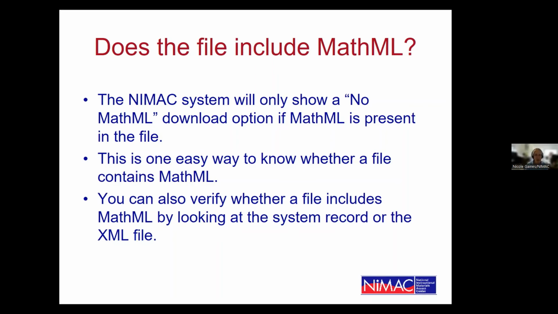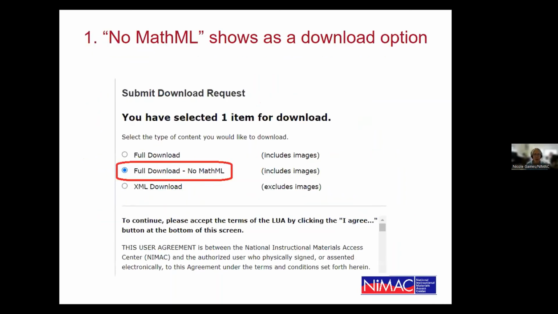It's not going to show up for all files, only for the ones that have MathML. But you can also look at the full system record, or actually the XML file itself. Those are two other ways. So here we have a screenshot of that dialog that shows the no MathML option circled. That's where you're going to see that when you're actually going to download the file in the system.